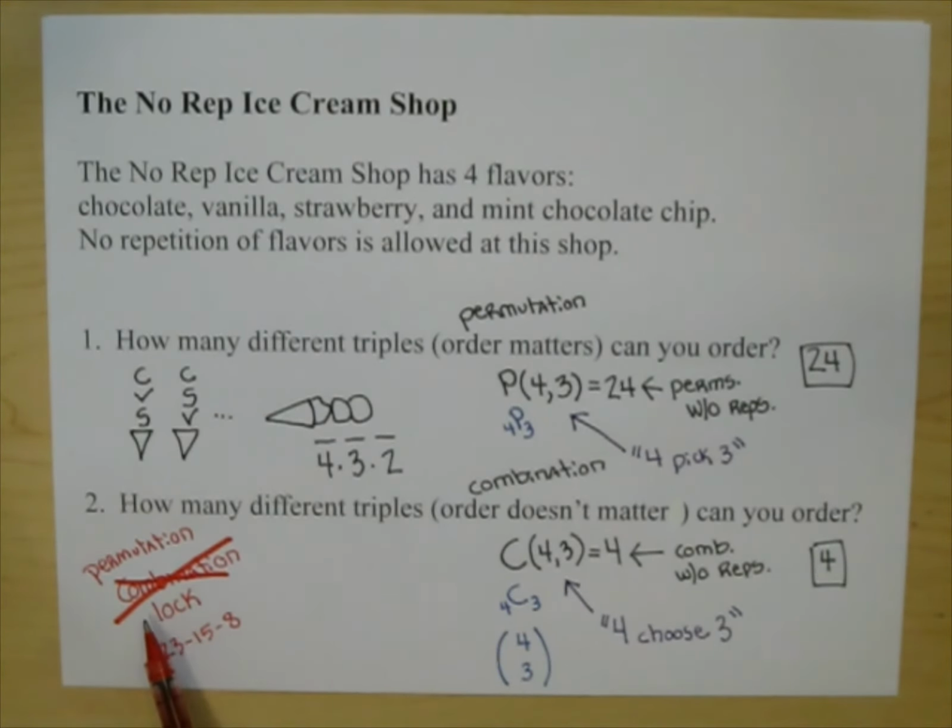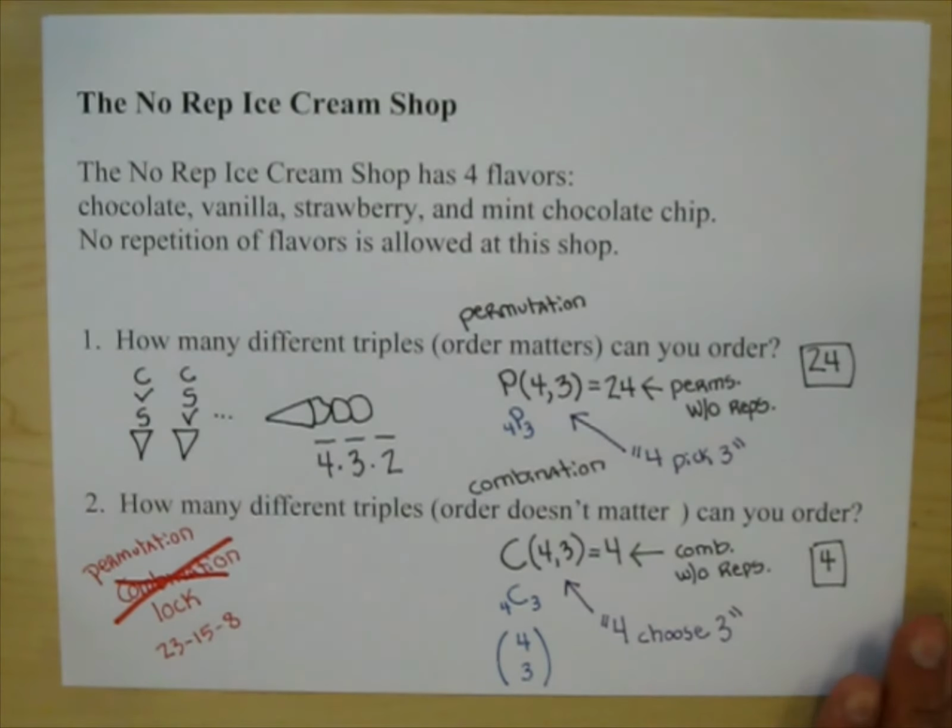Really, it's just that name, combination lock. It's not a proper name. We will call it permutation lock, because that describes it like it should be described. So let's go ahead and focus on permutations first, and then we'll do some combinations.